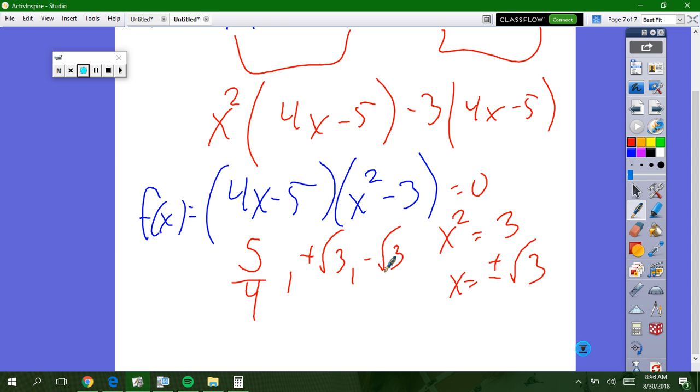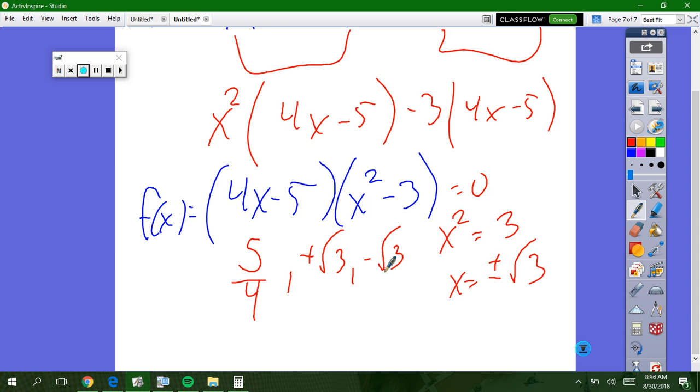That's actually the fundamental theorem of algebra: whatever the degree of a polynomial, that tells you how many zeros you can have at most. Okay, with me? Now, what if this was x squared plus 3? Those would be imaginary solutions, wouldn't they? So would I graph imaginary solutions? No, I would just graph this one. Does that make sense?